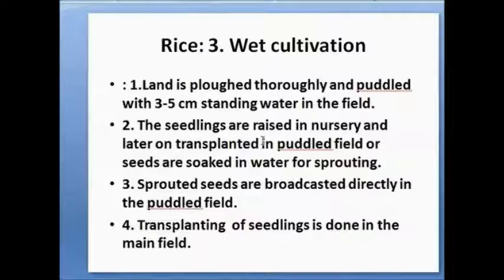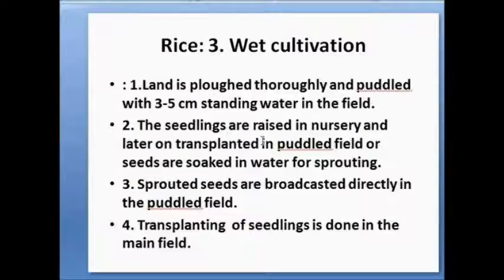In this condition, the seedlings which are already grown in nursery, they are transplanted, and sometimes directly seeds, soaked seeds also can be grown, but it is preferred that seeds are to be separately grown in raised beds, and they are brought here and transplanted in the wet land or puddled field. If it is not possible, the sprouted seeds also can be broadcasted directly in the puddled field. That will also help in growth.